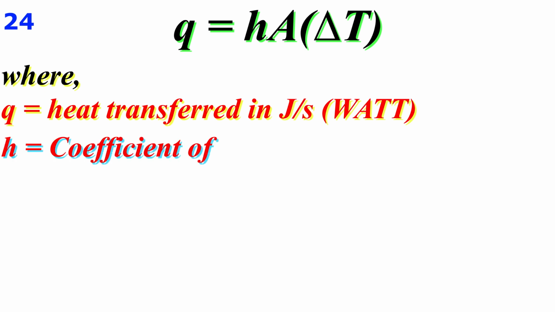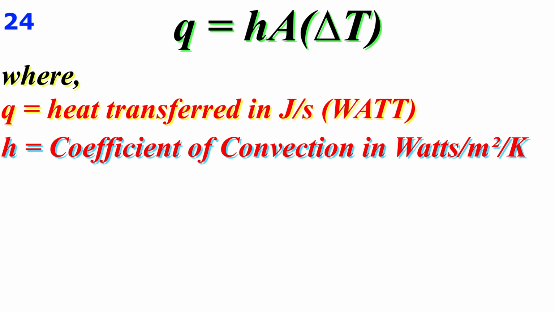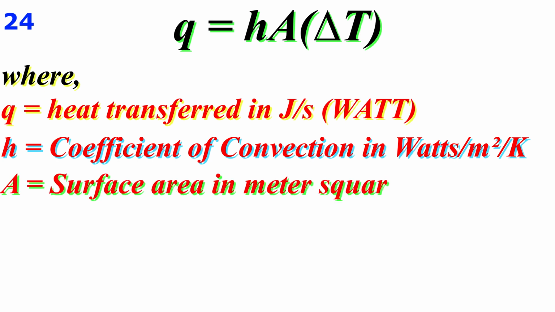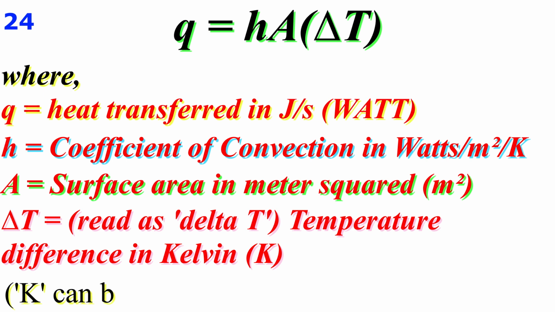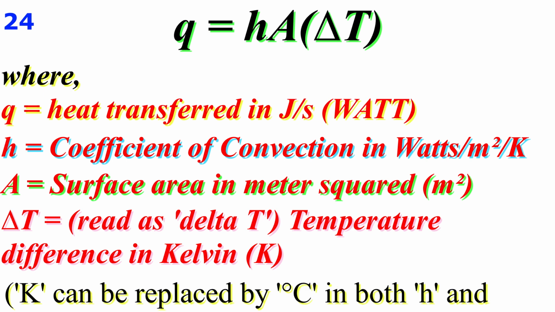H is the coefficient of convection measured in watts per meter squared per degree Celsius or Kelvin. A is the area of the surface in meters squared. Delta T is the difference in temperature in degrees Celsius or Kelvin between the two substances.